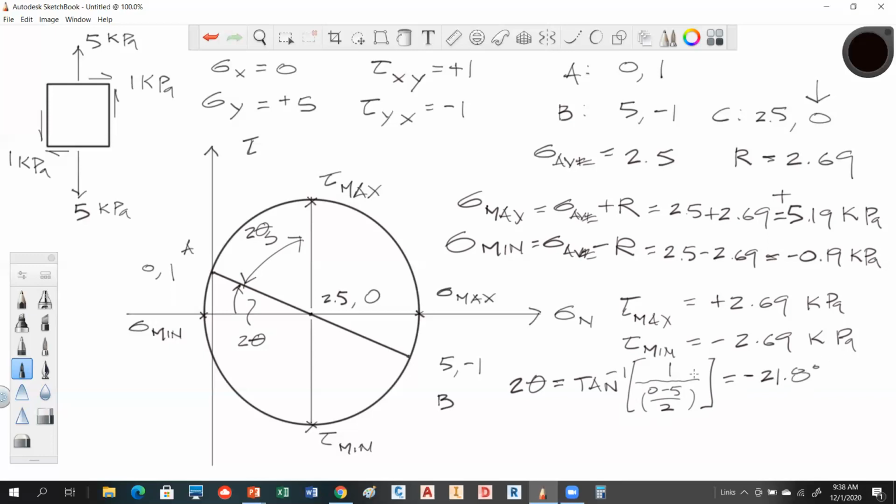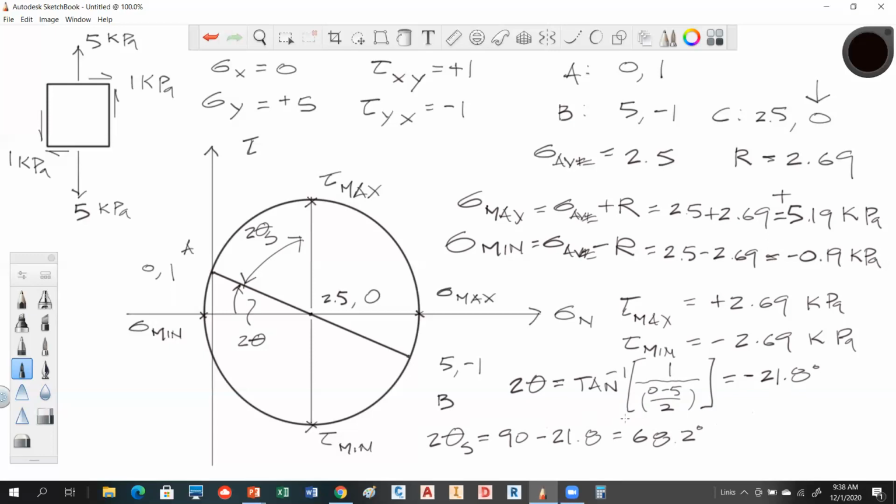Now, the negative is just indicating that you're rotating it clockwise. That's all. So you can really drop the negative. And then 2 theta s is going to be 90 minus the 21.8, because we're just looking at absolute value. And that gives you 68.2. So again, we have to divide those by 2, and those are your answers.